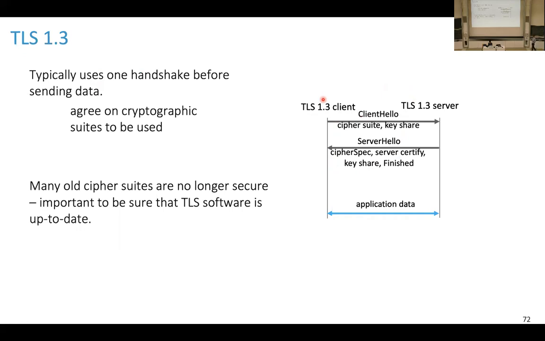So there are several things to agree on, for example, the cipher suite and the cipher specification. All this needs to be agreed beforehand because there are a lot of updates due to the fact that, for example, an attack can happen yesterday. And so you need to update all the cryptographic suites and all the cryptographic methods that are used.